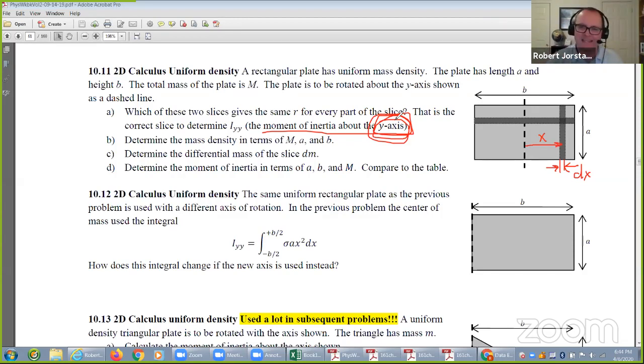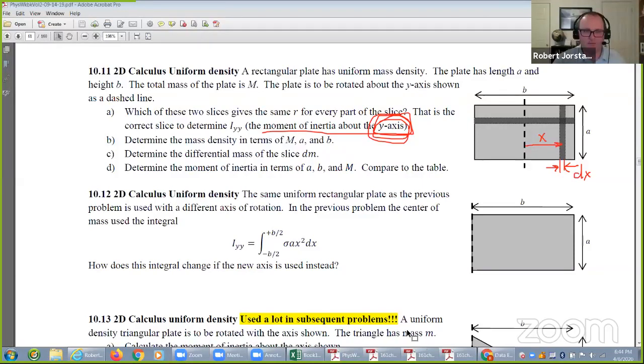This is exactly opposite the center of mass. If you're doing a center of mass integral, when you get a dx, you get an x center of mass. If you get a dy, you're doing a y center of mass. But for moment of inertia, to get the vertical axis moment of inertia, you need a dx in the integral. Crazy. All right, so I'm going to clear this, go to the solution, and then we'll call it a day.